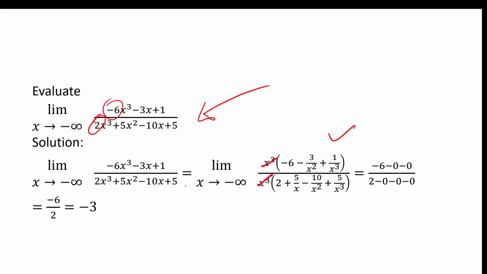And that horizontal asymptote is, in fact, the limit as x goes to negative infinity or infinity, depending what direction you're talking about.